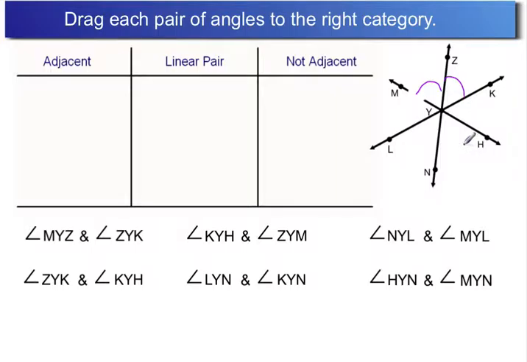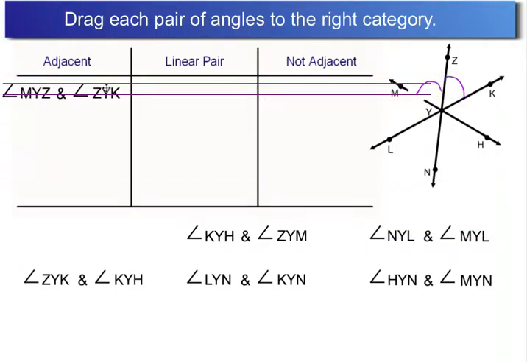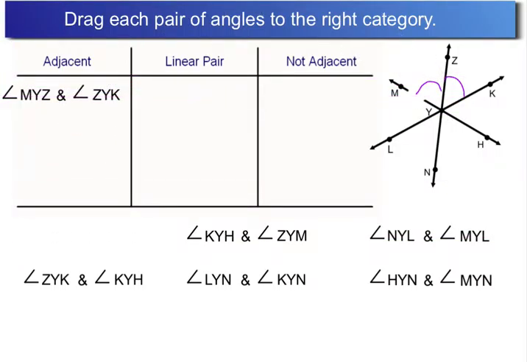Those are two angles. They're next to each other. They don't lie on a line, so those are adjacent angles. And they should be in this category right there. Please finish that up, and pause your video. When you're done, press play for the answers.